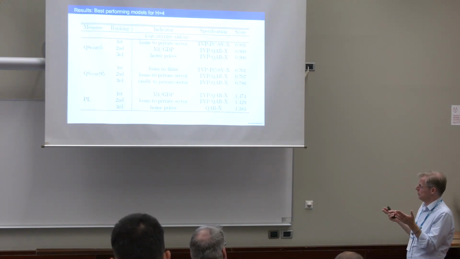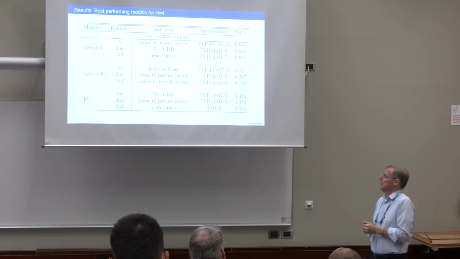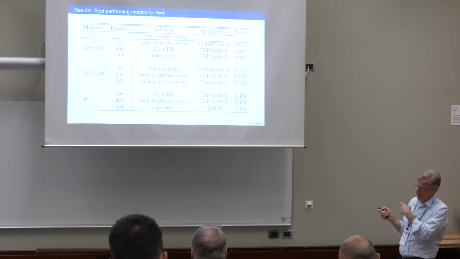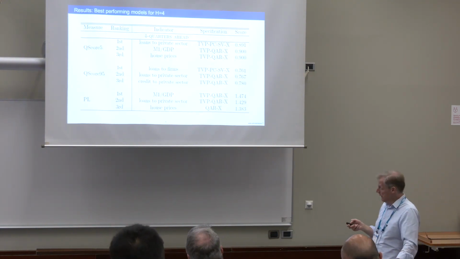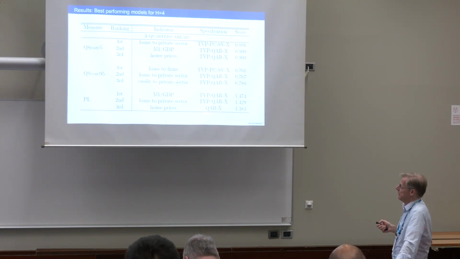And let me show you the results. So we do a forecast competition out of sample, and here we show the results for 1 year ahead. The next slide is for 3 years ahead. And we look specifically at measures of low inflation risk, high inflation risk, and the overall density.